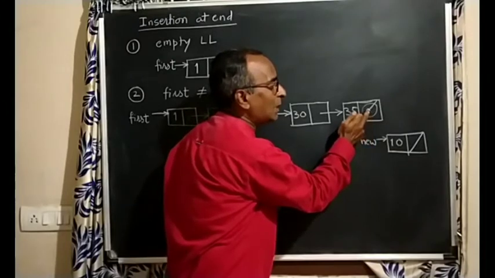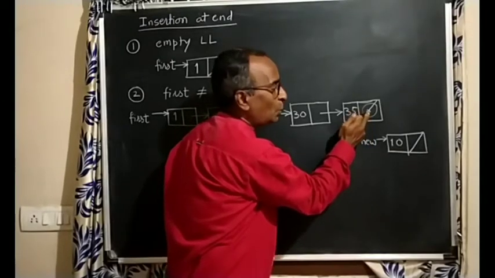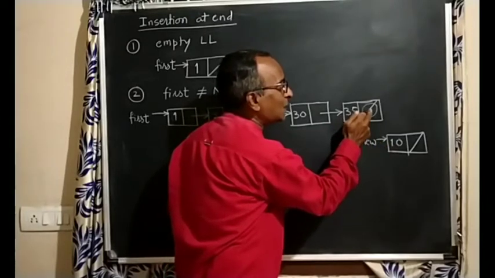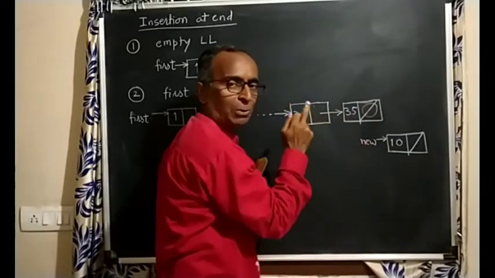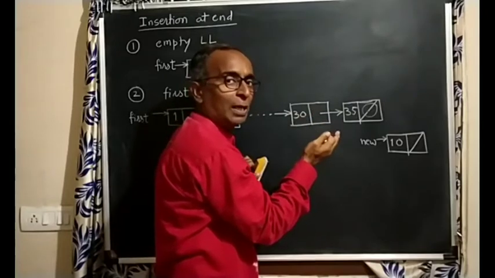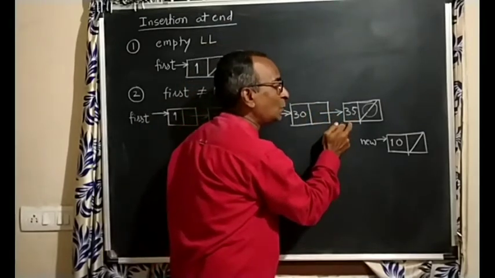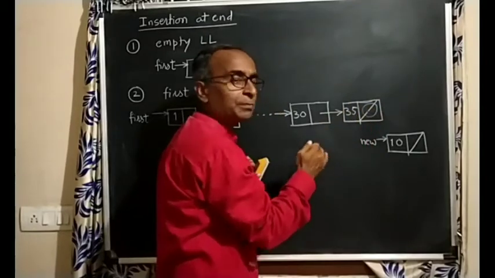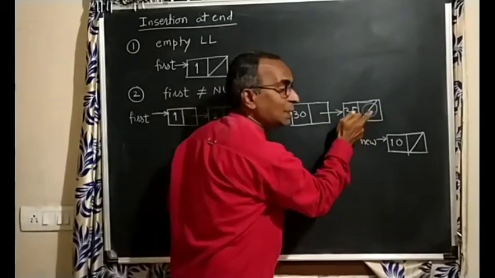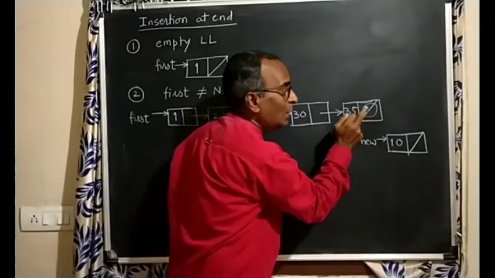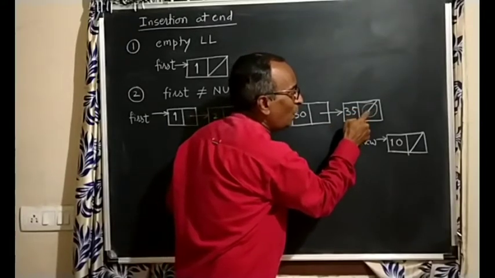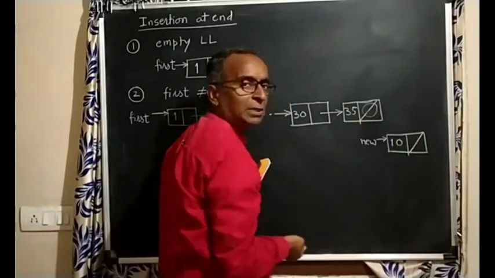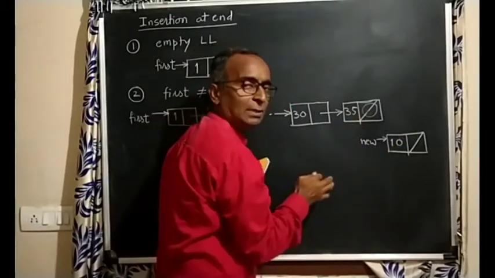So obviously this pointer field should point to this node, right? So how to access this pointer field? Can you access? No. I should know address of this node, address of last node, then only I can access this field, right? So if I adjust this one pointer, then this insertion is over in this case.